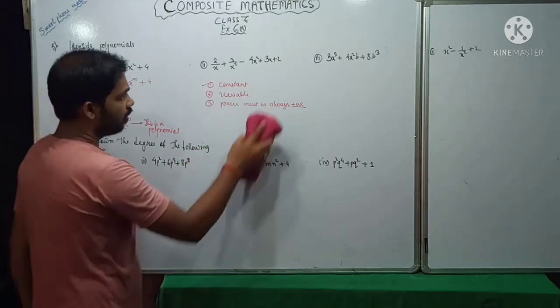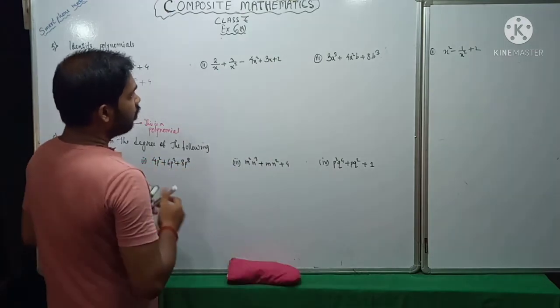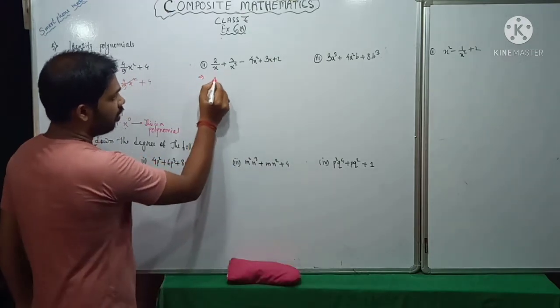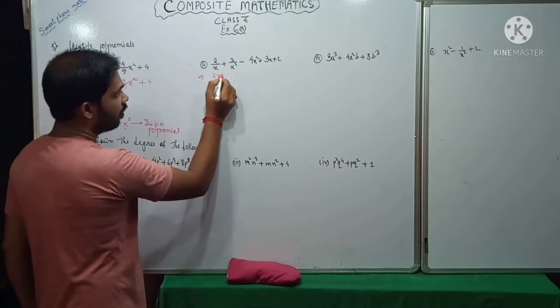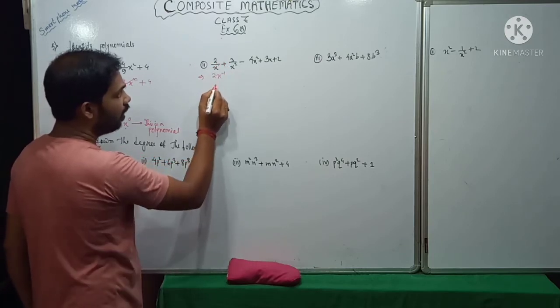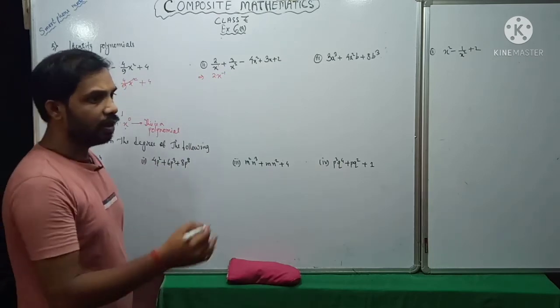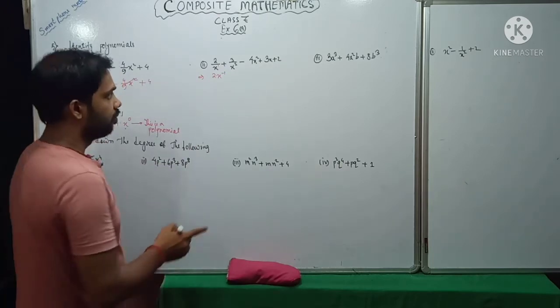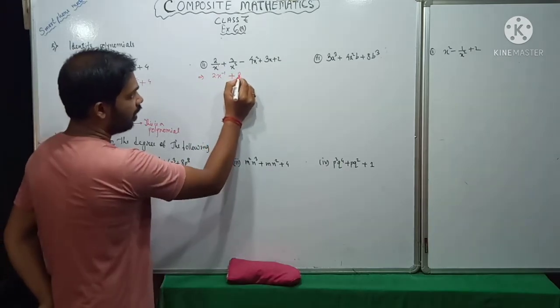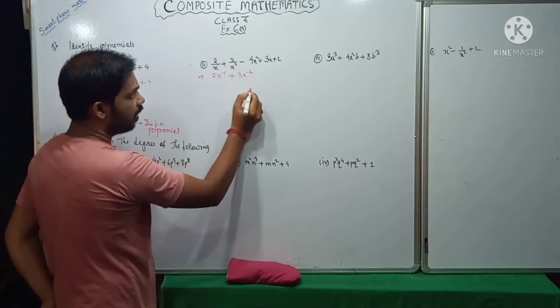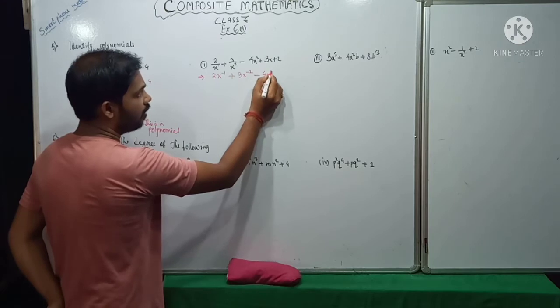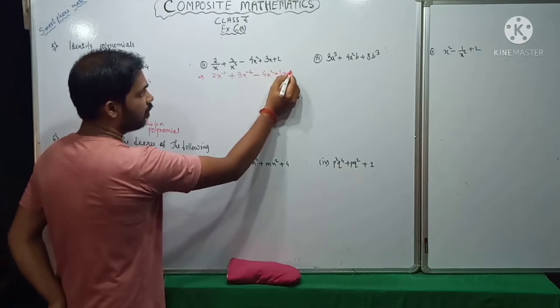Next we will go to question number 2. You see this expression, you can write 2 into x, and if I take x to the numerator, the power becomes negative. Now this can be written as 3x power minus 2, minus 4x square plus 3x plus 2.